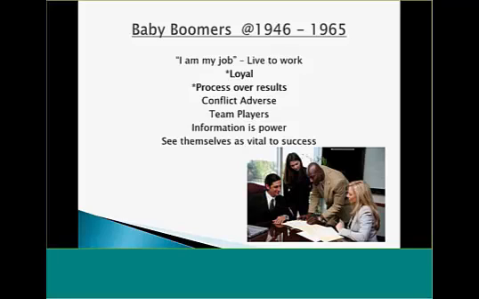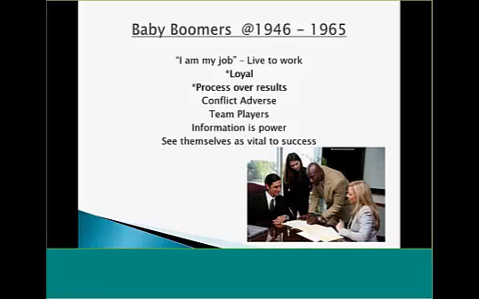Loyalty is very important to them, and they pay real close attention to loyalty and spend a lot of time, generally speaking, being loyal to those who are loyal to them and the company that they serve. Now, when I'm talking about these, let's make sure we understand that not every unique case is going to fall into these categories. When this research is done, we're talking about general trends. Baby boomers are all about process over results.